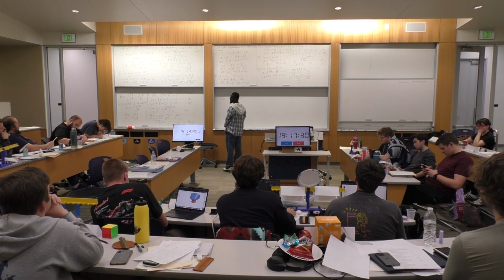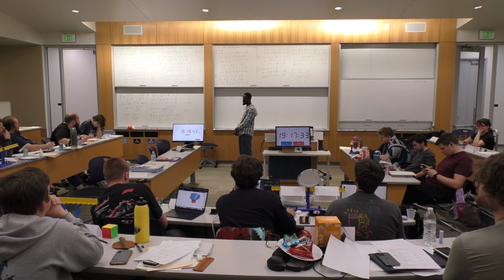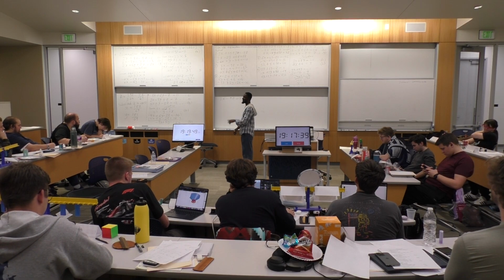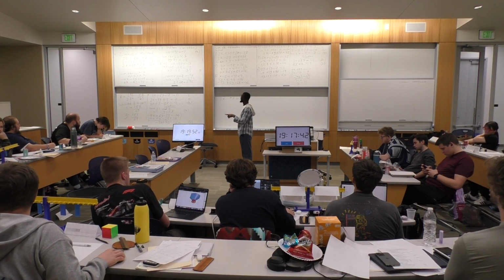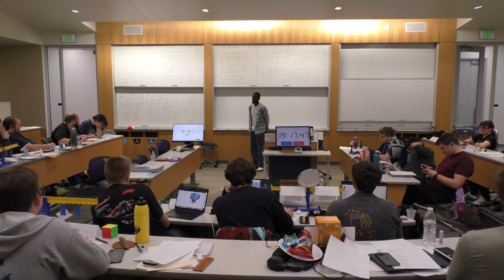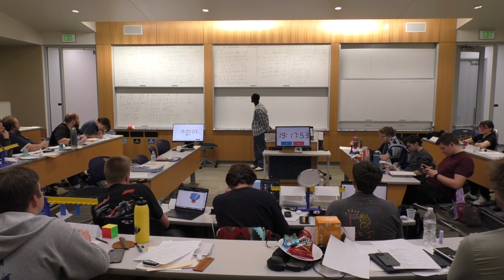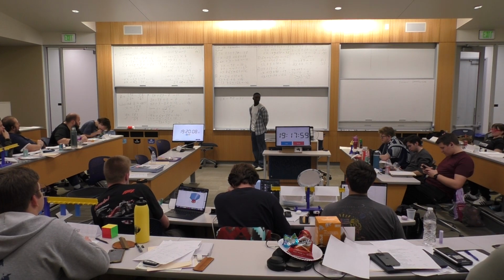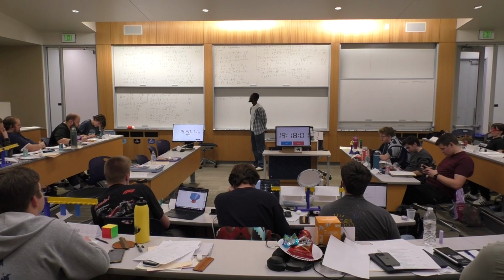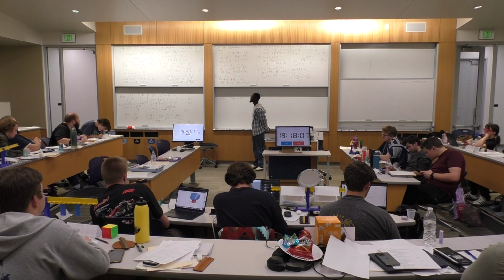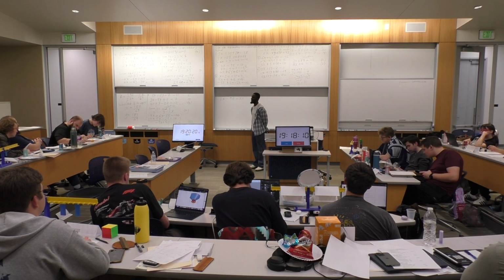We want to eliminate y, right? We say 3 times equation 2, we'll be having 12y. Then in equation 3, we multiply by 2.